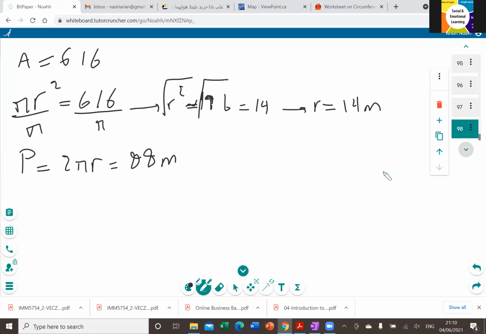If you're given the area, we calculate the radius, and through that we calculate p. Area and perimeter are two islands, so this is p, this is area, and going from one island to the other is through a boat, which is r, the radius. So radius is the most important thing.